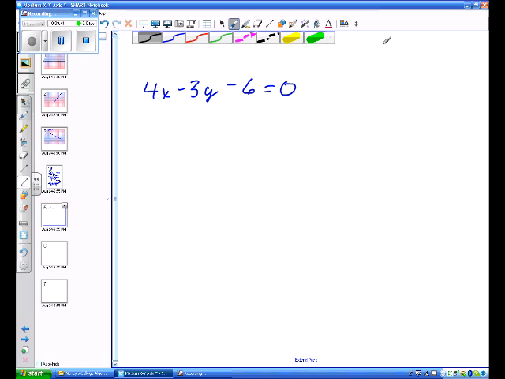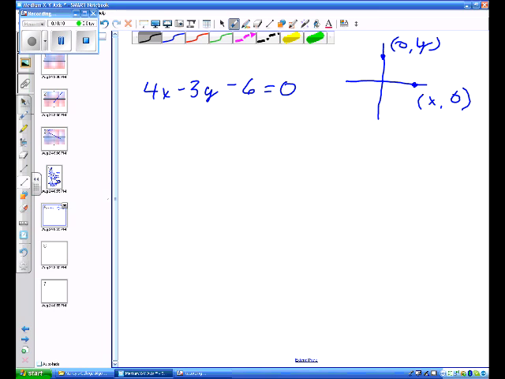Well, if you think about your two intercepts, your x-intercept is where you cross the x-axis. The thing that we know about a point where it crosses the x-axis is that the y value is always 0. The thing we know about the y-intercept, where it crosses the y-axis, is that x is always 0.